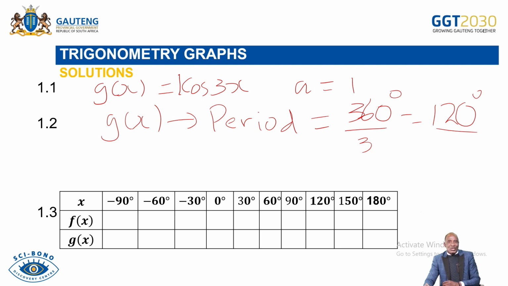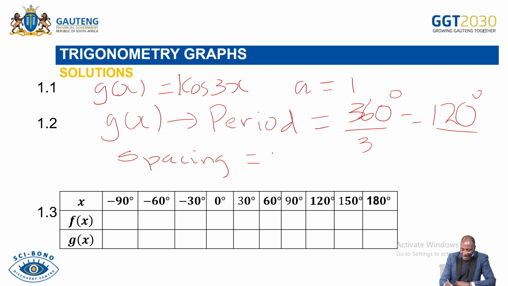By now, you should be again in a position to identify the steps that you need to follow when you are spacing out your angles. You will remember we said, how do we determine spacing? We said spacing of any graph is given by period divided by 4. So the period of our graph cos is 120 degrees.